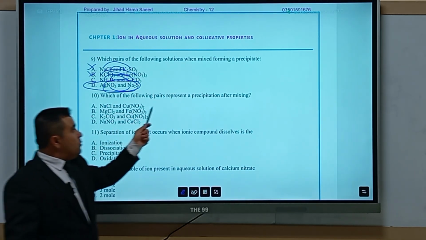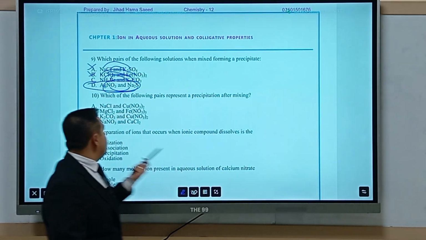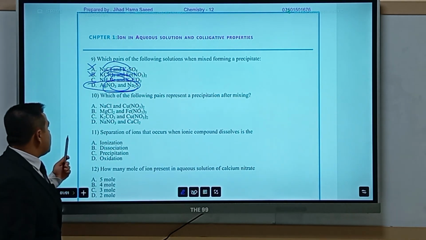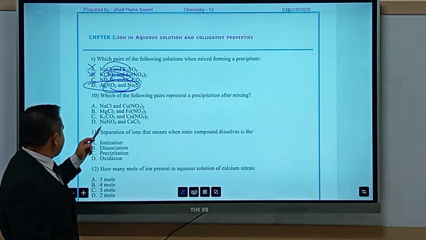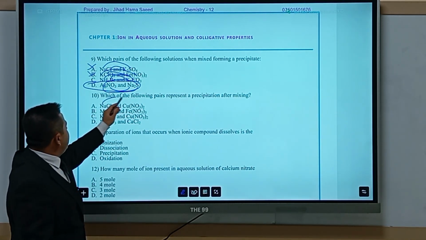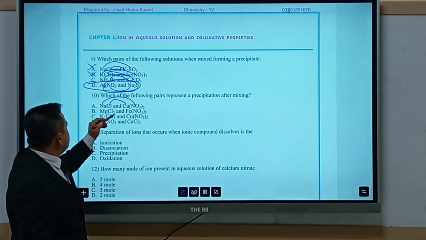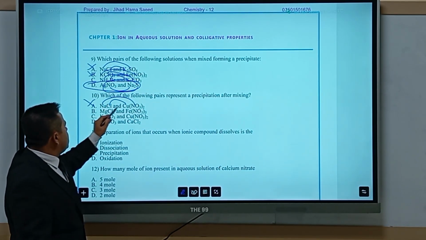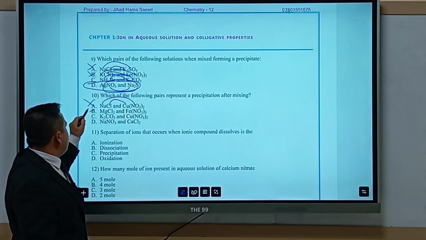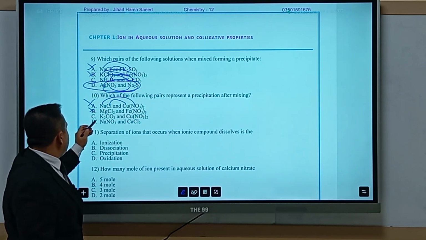Which of the following pairs represents precipitation after mixing? The same mechanism as the above one. NaNO3 with CuCl2 is not. Mg(NO3)2 and FeCl2 or FeCl3 is not.